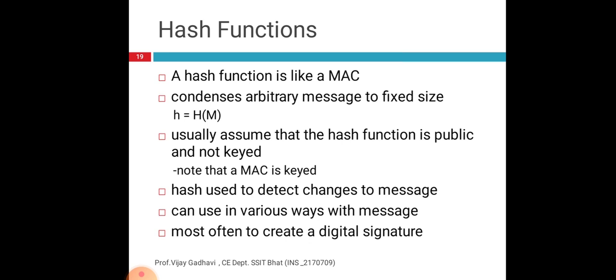The avalanche effect results in a substantially different hash value for two messages that differ by even a single bit of data.